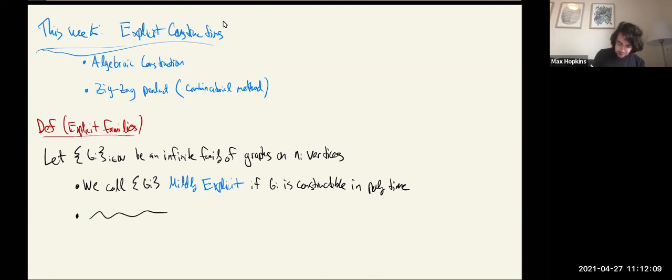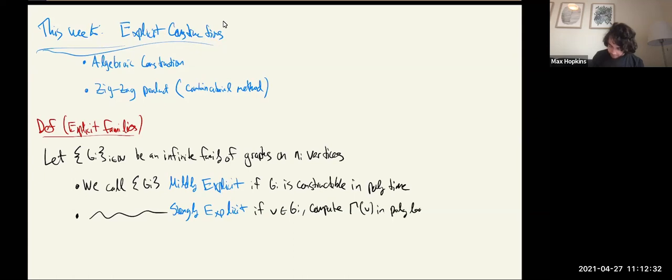We call G_i strongly explicit, or very explicit, if given a vertex in G_i, we can compute the neighborhood of v in polylog time, or polynomial time, maybe in the description length of the vertex.